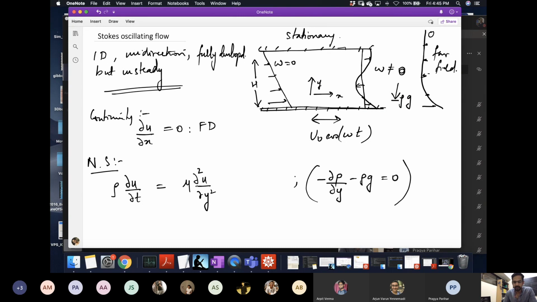And pressure doesn't come into this because we say there are no pressure gradients in the x direction. You're not applying a pump or anything. You're just moving the fluid by moving this wall at the bottom. So the pressure doesn't play a role here, we can just forget about it. In the y direction, it's just hydrostatically varying, and it doesn't affect the horizontal flow. So our only equation is this equation here, I can call this one.